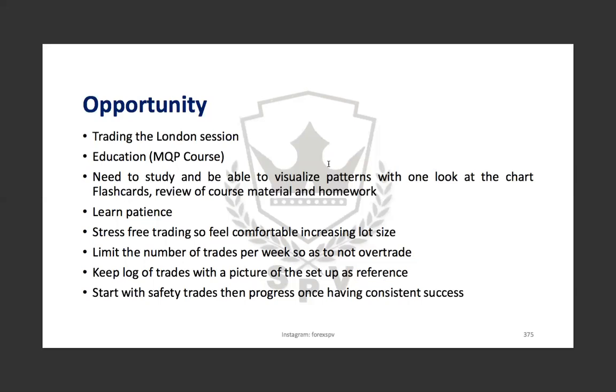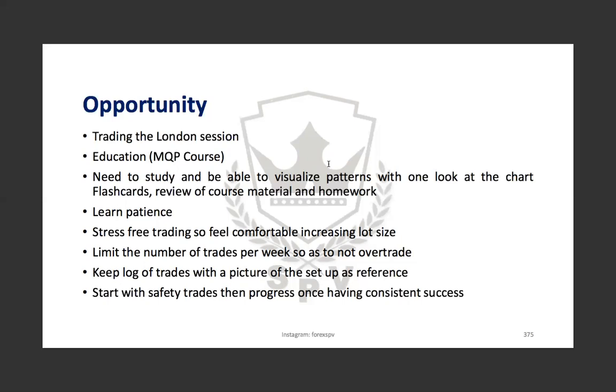Like, you have the opportunity to trade the London session. Like, your time zone is favorable. You have an opportunity to review the course, or you have an opportunity to go through the education.